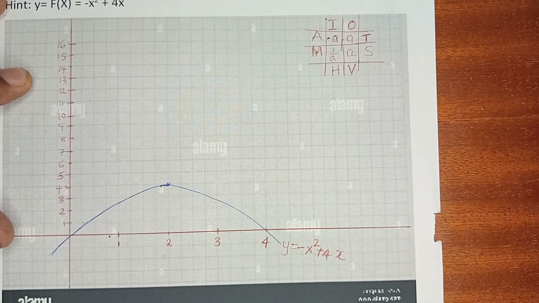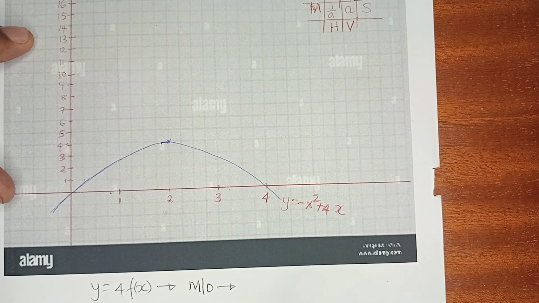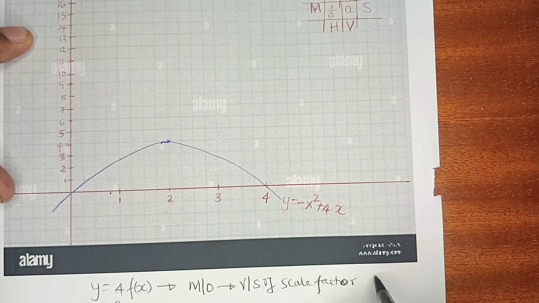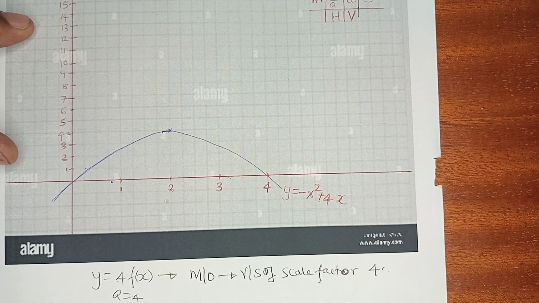In this case our a is 4, so it is a vertical stretch of scale factor 4. What does this mean? This means that all y coordinates are going to be multiplied by 4.